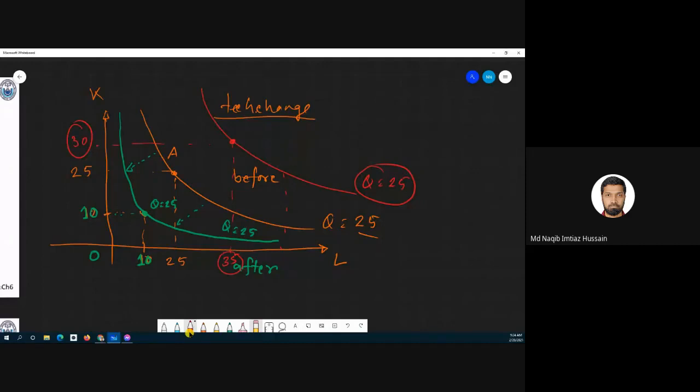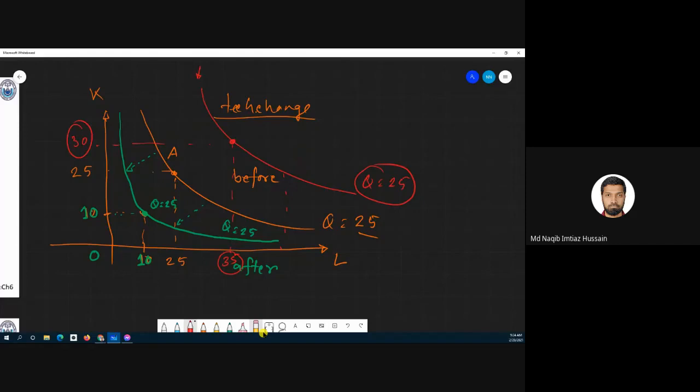So if your technological change progresses you forward, you will see your isoquant line. This is an isoquant line. It is moving closer to the origin.